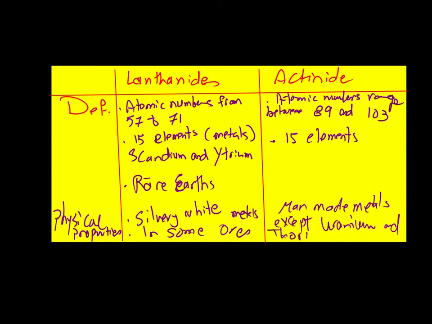So they are not naturally occurring elements. Uranium and plutonium are used in nuclear reactors and nuclear bombs. The actinide americium is used in a smoke detector.